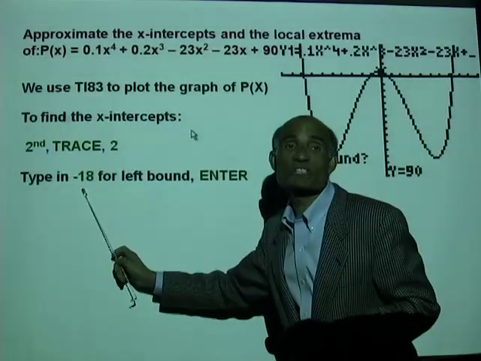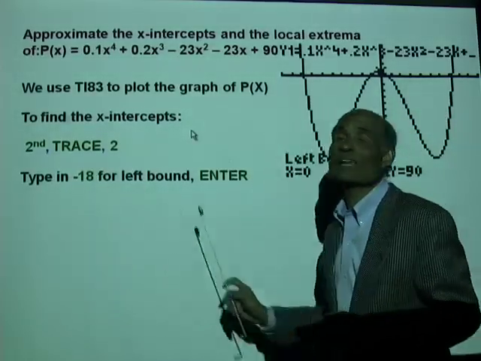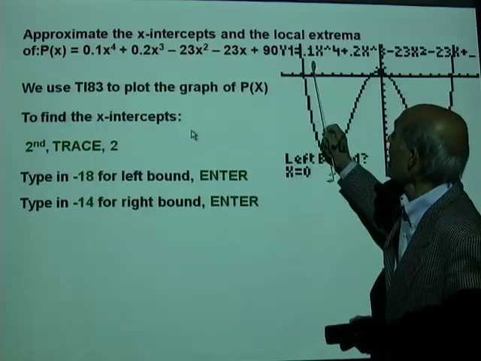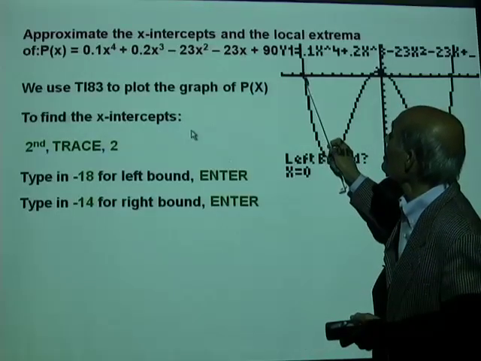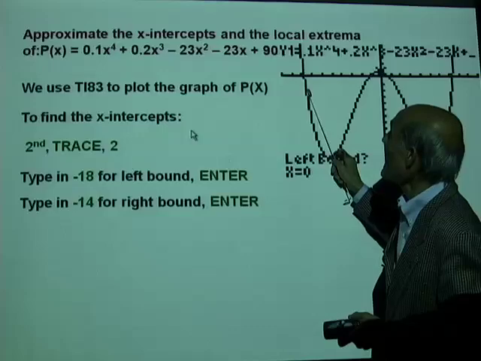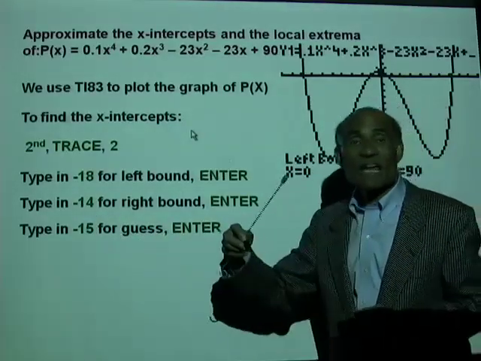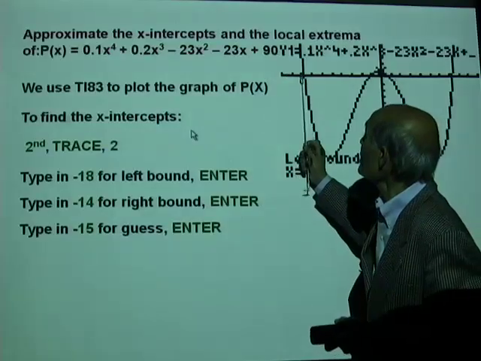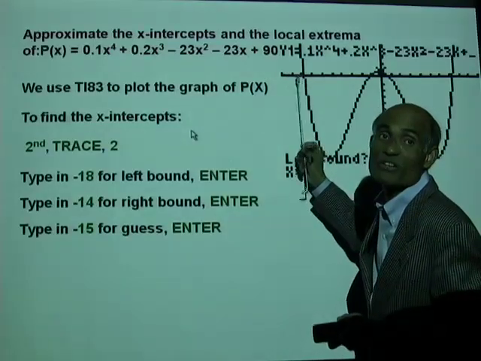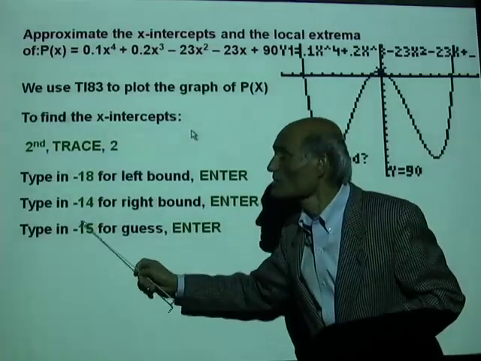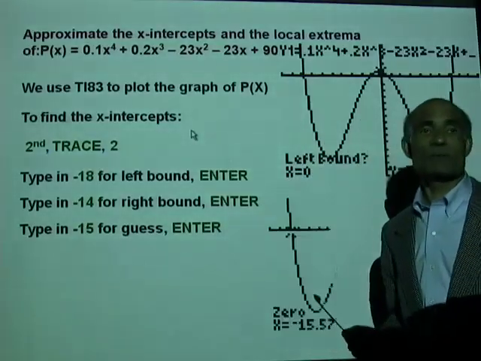Or, as I said, type in -18 for the left bound and enter. And for the right bound, bring the cursor to here and enter. Or type in -14. And then it will ask you for a guess. Take the cursor back to where the point is and enter. Or somewhere around -15.